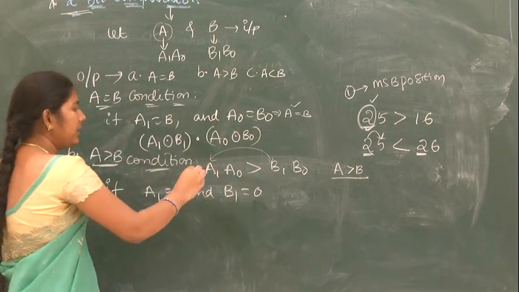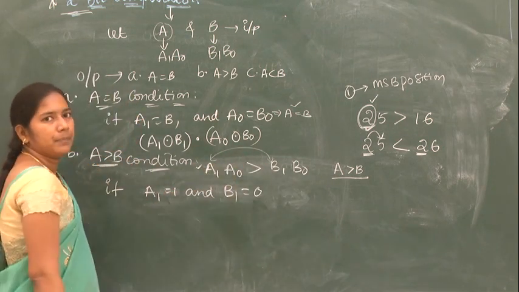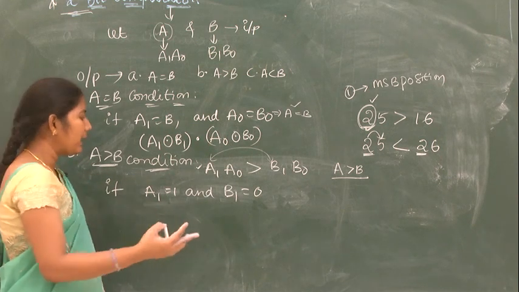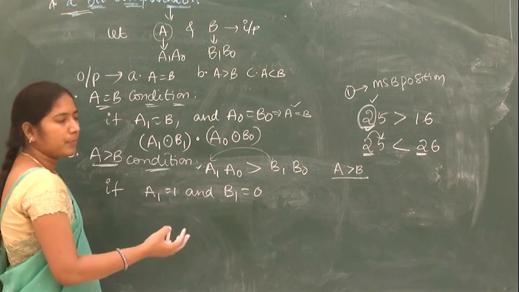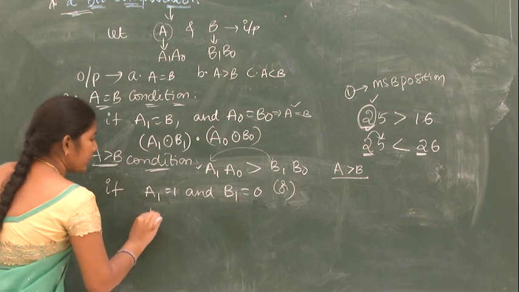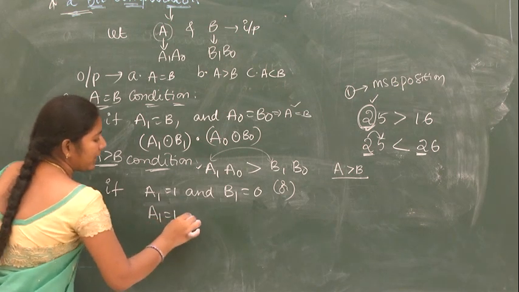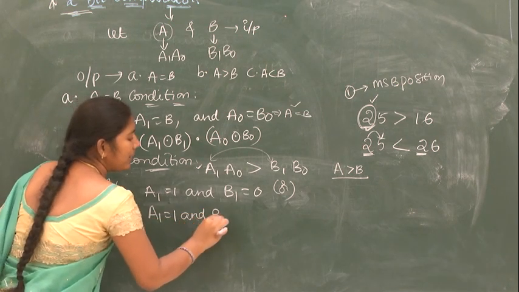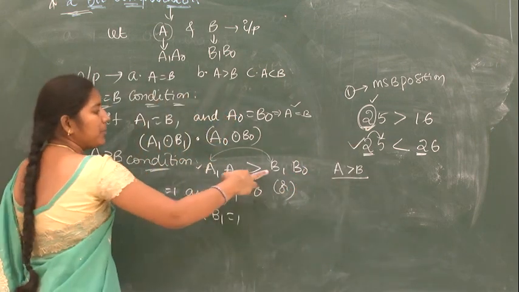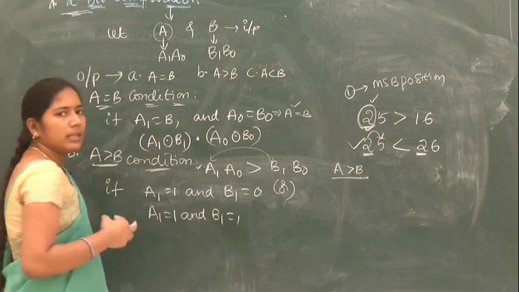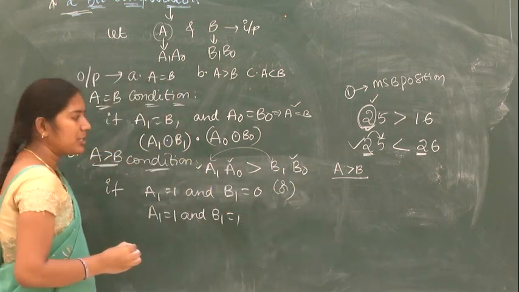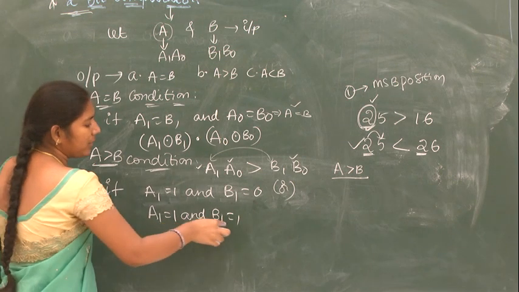Directly we can say that A is greater than B. That is the first case. But every time there is no rule that A1 may be greater. There is one more possibility that A1 may be equal to 1 and B1 may be equal to 1, like here. Maybe the MSB positions are equal. Then what will we check? We'll check the LSB positions.